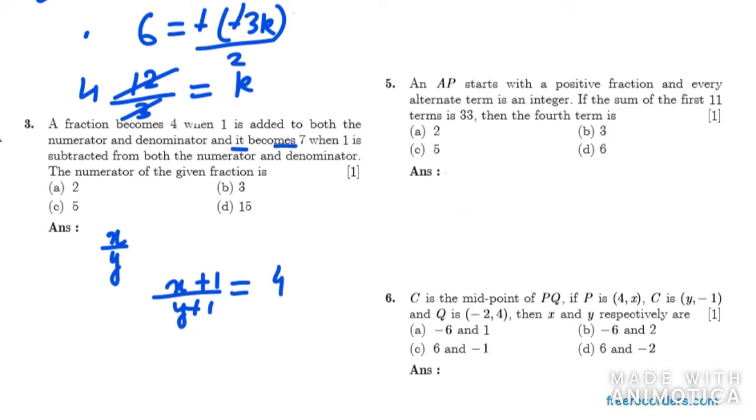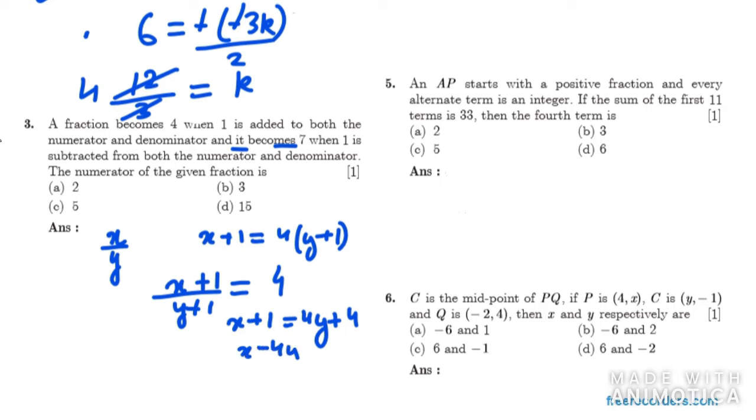So let's solve this equation first. So it will be x plus 1 equal 4 in bracket y plus 1. So x plus 1 equals 4y plus 4. So x minus 4y equals 4 minus 1. So x minus 4y equals 3. So this is equation number 1.